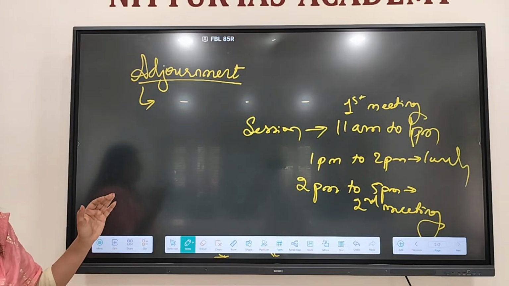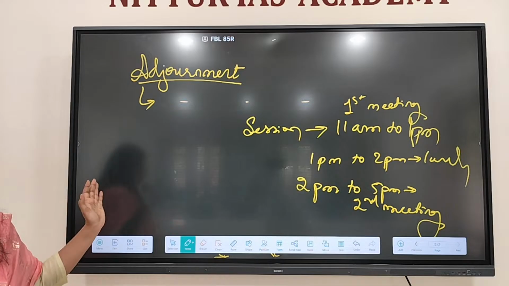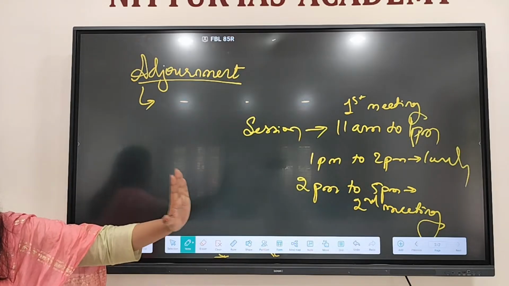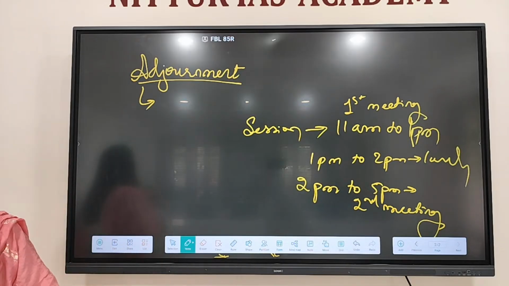Think that in a session the debate is going on. When it is going into a heat, when there are too many quarrels, what will he do? He will tell adjournment. Half an hour, 1 hour they go out and come back. Then after everyone calms down, they will start again. That is called adjournment. Understood? When an uncontrollable kind of debate goes on, they say adjournment.